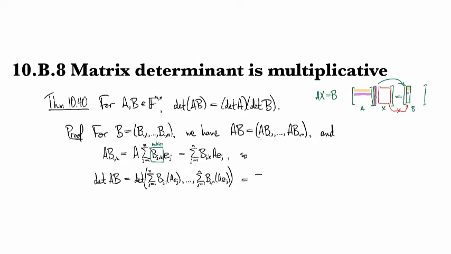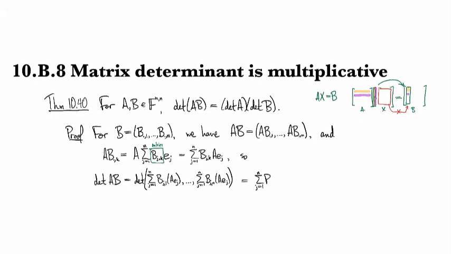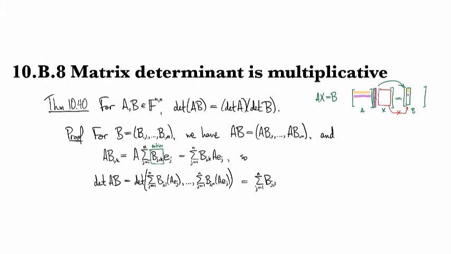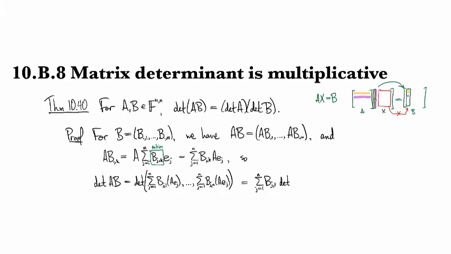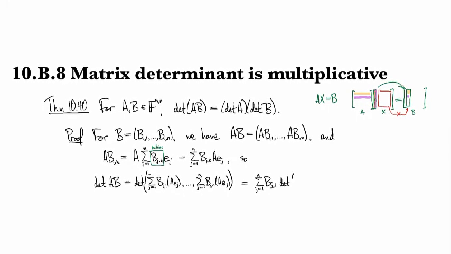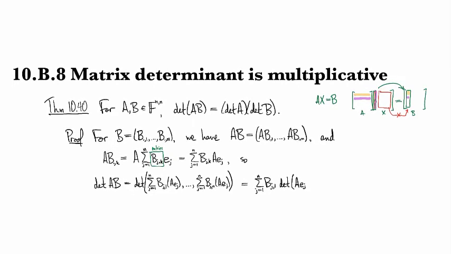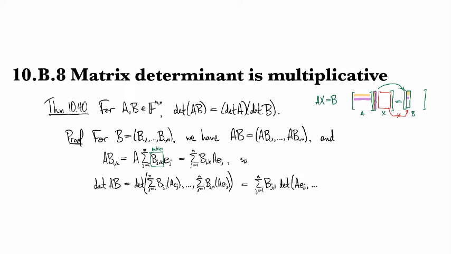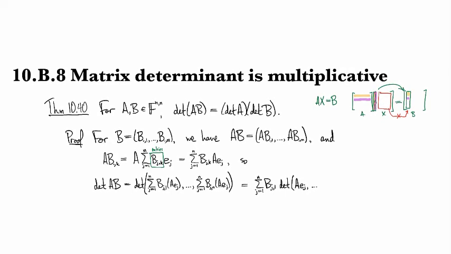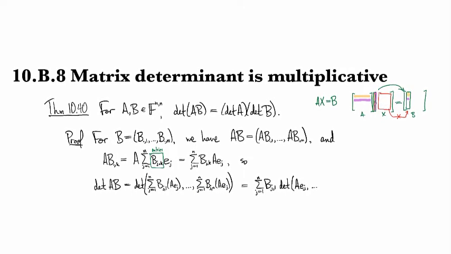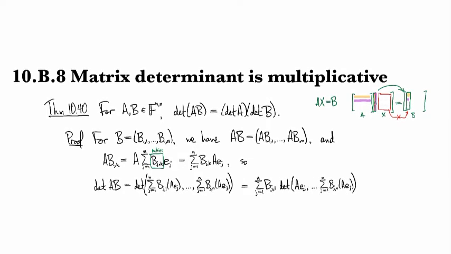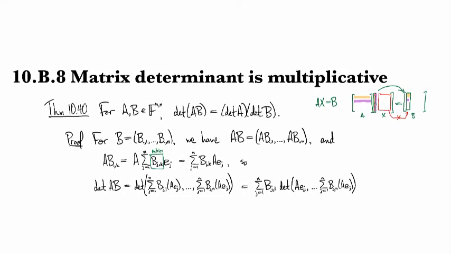So I can pull out that linear combination, the sum j equals 1 to n of bji, those are the coefficients, and inside I've got the determinant of A ej all the way out to that terrible sum in all of the other coordinates.